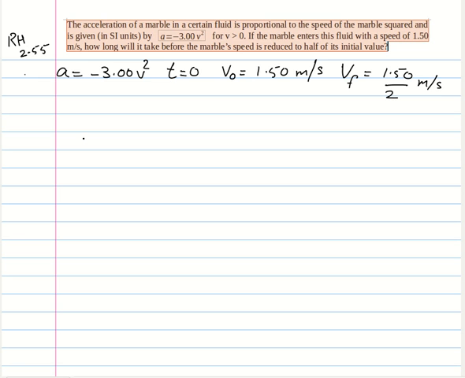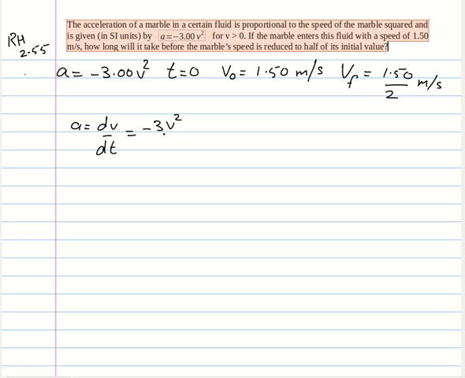So in order to solve this problem, we have to use integral calculus. We can write that acceleration is equal to dv by dt, which is equal to -3v². I'm actually ignoring the precision right now, but we will worry about this later.